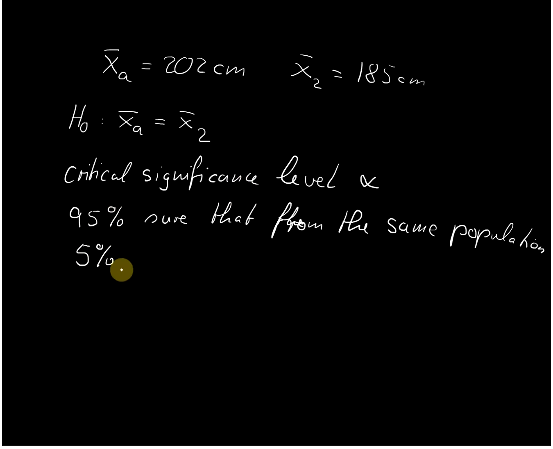Or in other words, if these samples are very different, we ask what is the probability that these samples are very different. And it is this critical significance level. And we can write this 5% also as 0.05. This is a very common critical significance level, but we can choose any critical significance level that we want. So what do we need to do?